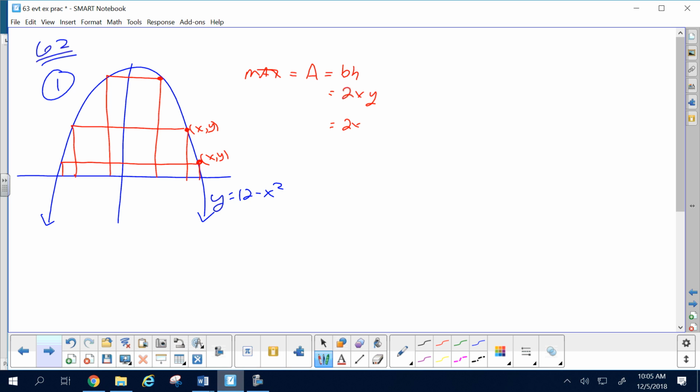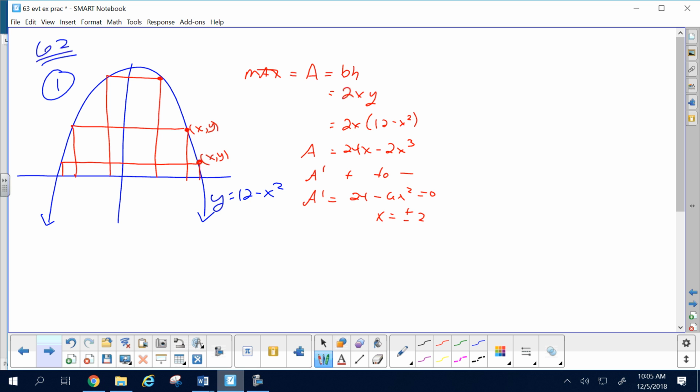So I can put in place of y, 12 minus x squared, and call the area equation 24x minus 2x cubed. All right. To find the maximum, I need to find where A prime goes positive to negative. A prime is zero, that means x must be plus or minus 2.